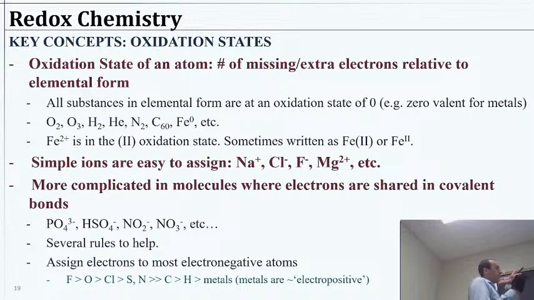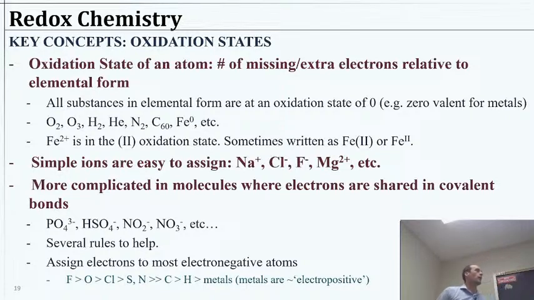So then if we have a substance in a non-zero state, iron 2+, for example, Fe2+, that's written sometimes as Fe with Roman numerals in parentheses, or sometimes, and I think one of our books uses this convention, Fe with a superscript 2.